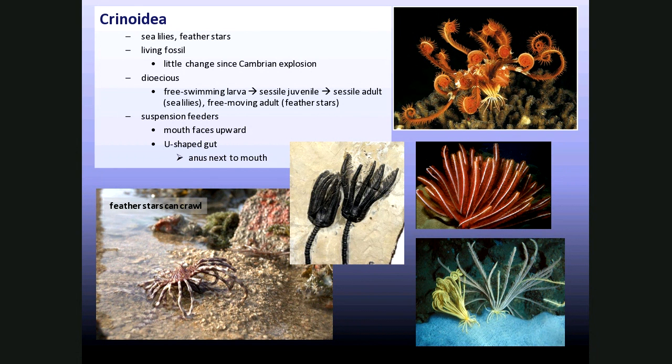We call these living fossils, again, not because they look like a fossilized organism from a long time ago, but because they haven't changed a whole lot since the Cambrian, 500 million years ago. So this fossil of a Crinoidea right there looks very much like the modern day descendants of that one.